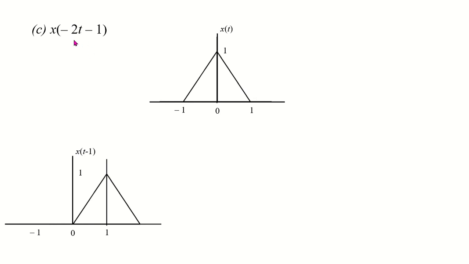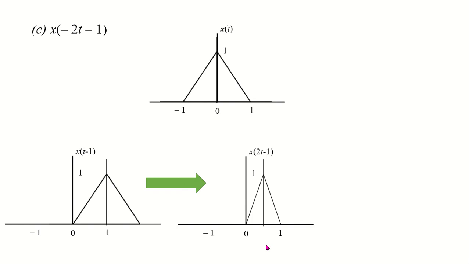If we perform the time scaling on this particular signal, since the scaling factor is greater than 1, the horizontal axis will be compressed by the same factor, and the signal would look something like this.